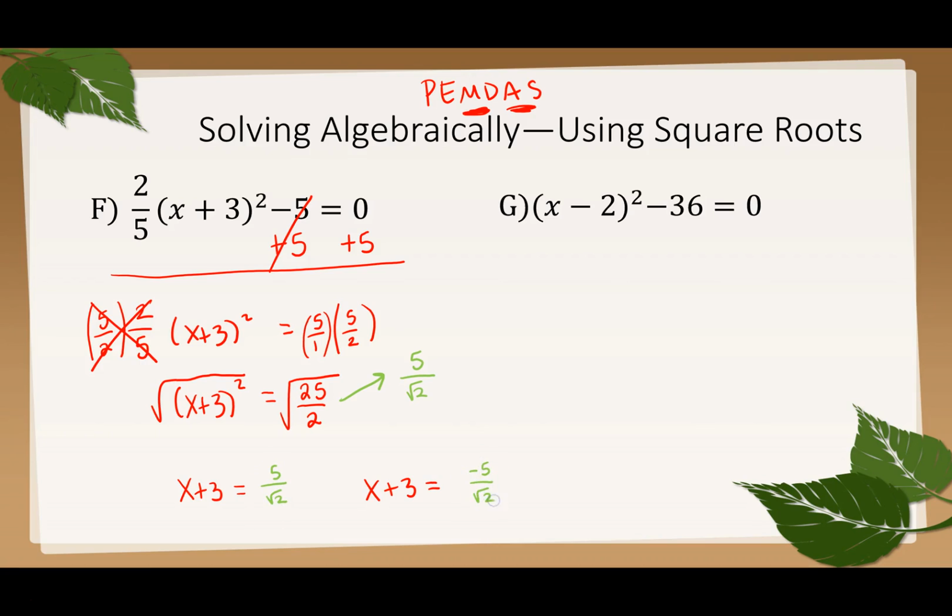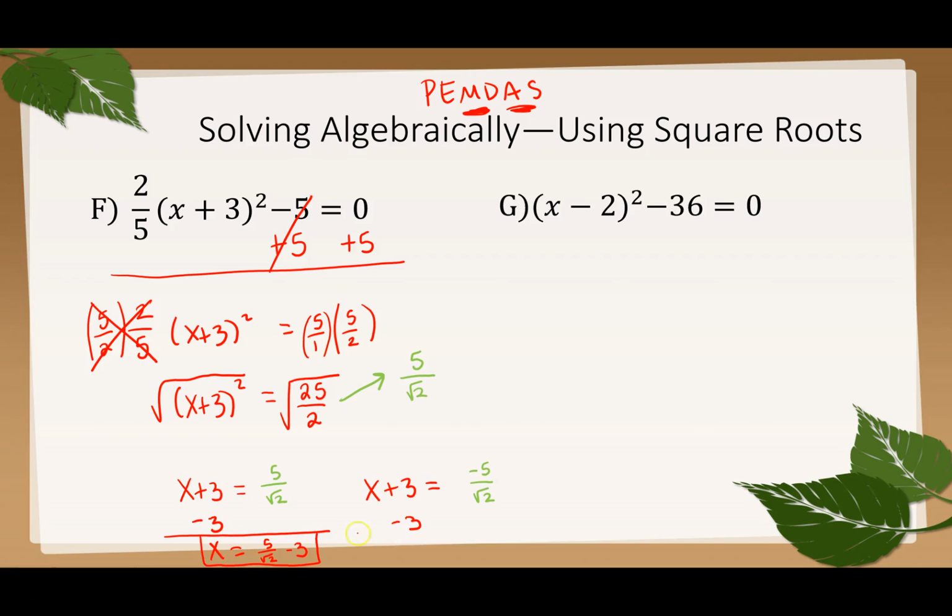All right, so let's go ahead and solve this. So I'm going to subtract 3 from this, and I'm going to subtract 3 from this. So my final answer is going to be x equals 5 over root 2 minus 3.